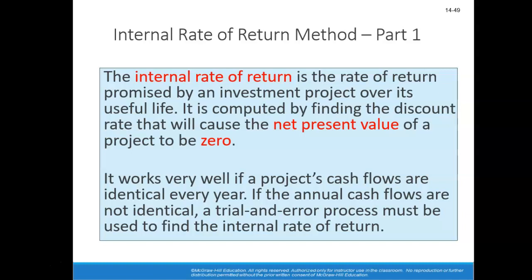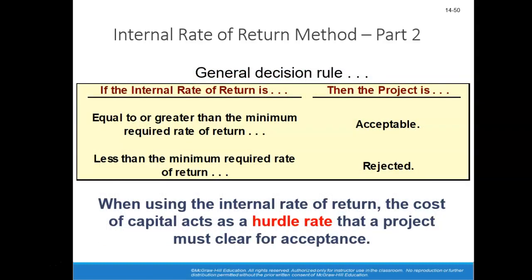Okay? So we can kind of play around to see, okay, we know our discount rate, but in order for us to get zero, we can try different rates to see what would be our internal rate of return. So when the net present value is zero, that means the rate that you use for those calculations represents your internal rate of return.